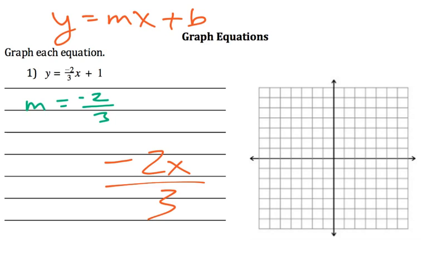If your number in front of the x was written like this, it would be the exact same. If it were written with a negative out in front of the fraction, they would be the same. And I doubt you'd see them written this way, but you could have 2 up top and then the negative down underneath. So all we're doing is pulling the value of m out of the equation.